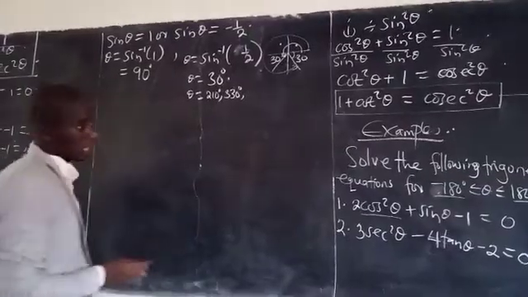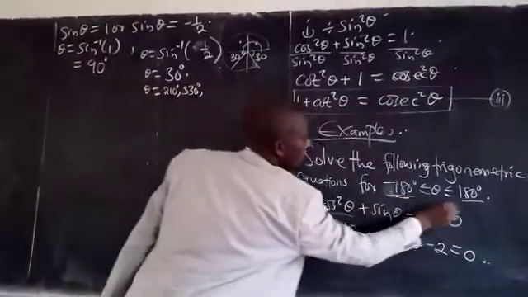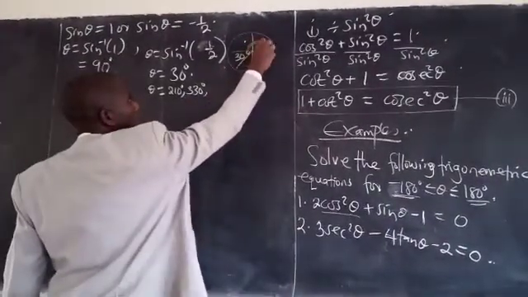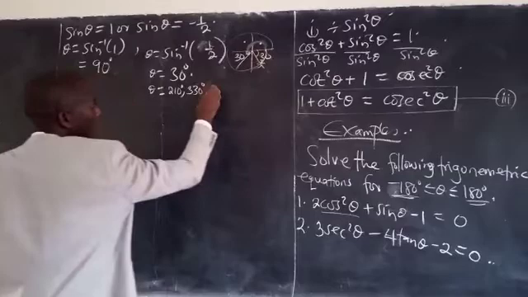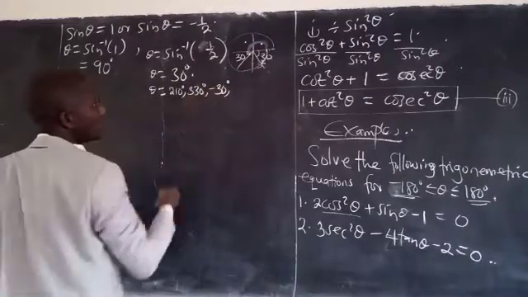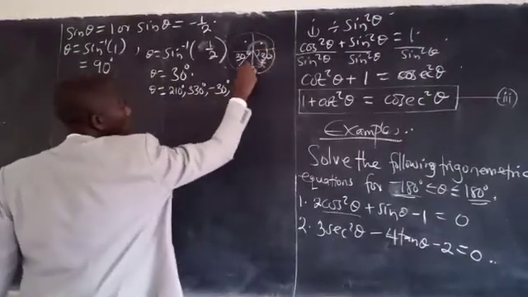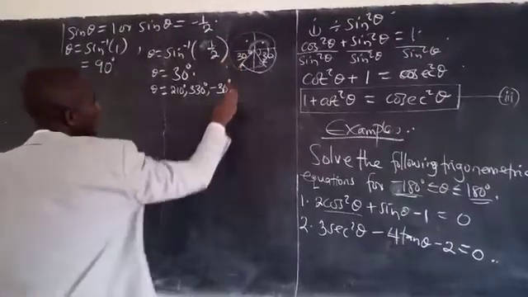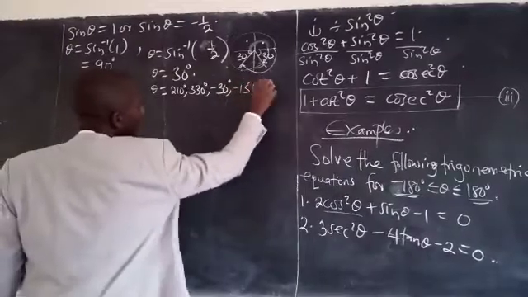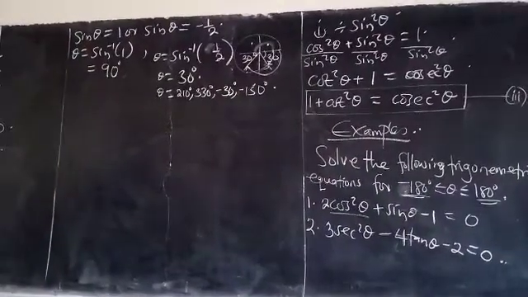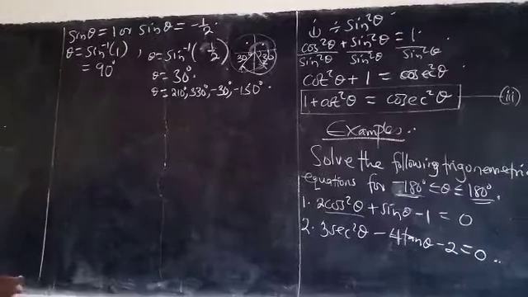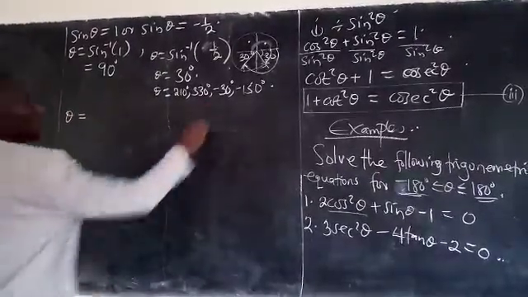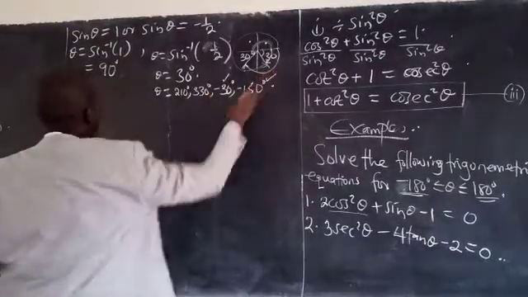Then in our range, we have negative values. So we can also say our theta will take this direction and we have negative 30 degrees. And when you also take from here to here, that will be 180 minus 30 in the negative, which is negative 150 degrees. And therefore, if you are to check from negative 180 to 180 degrees, the values of theta that qualify to be in that range are this one and this one.